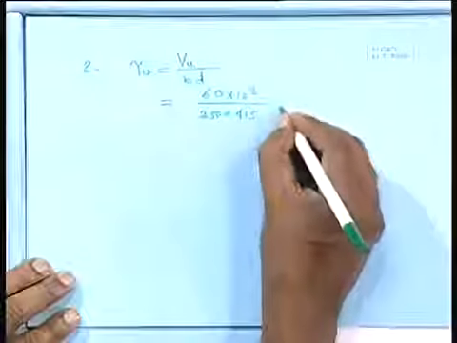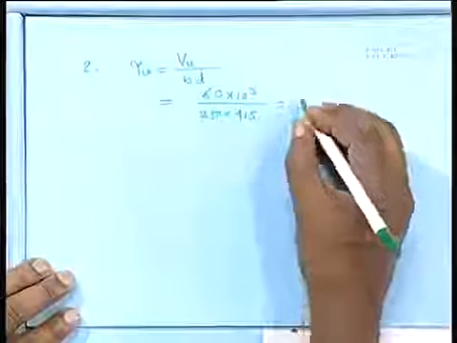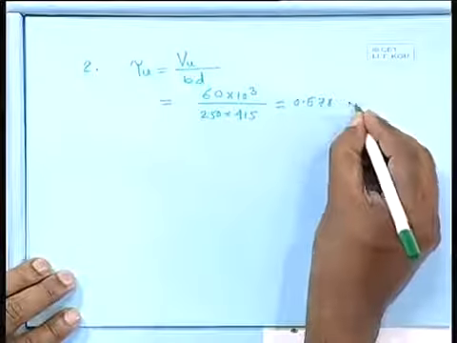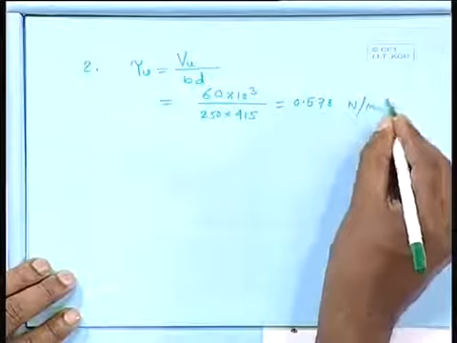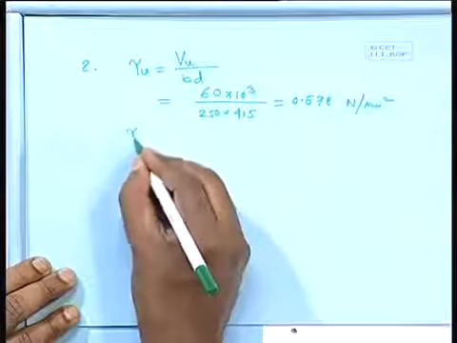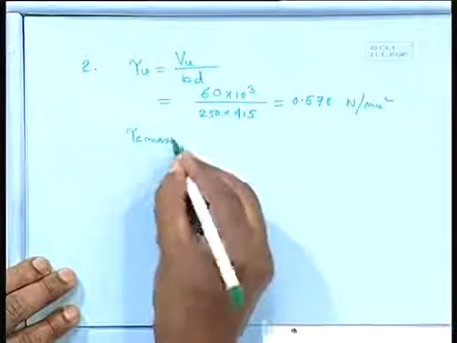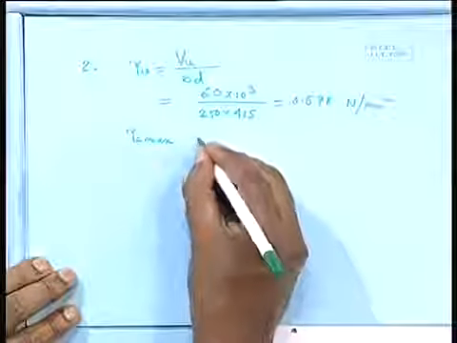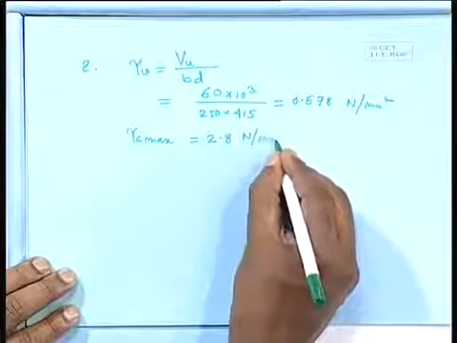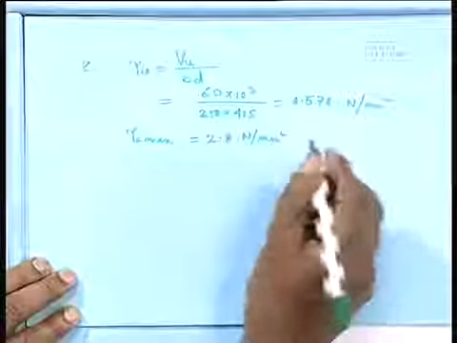This 415 is the effective depth, please note, not the one of the steel. 0.578 Newton per square millimeter. Tau C max from table 20 of IS 456 2000, which comes as 2.8 Newton per square millimeter, tau V less than tau C max.